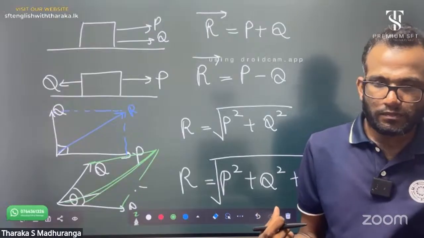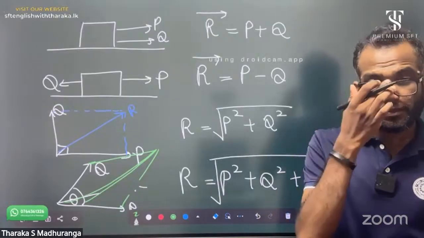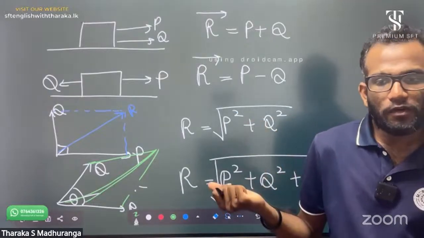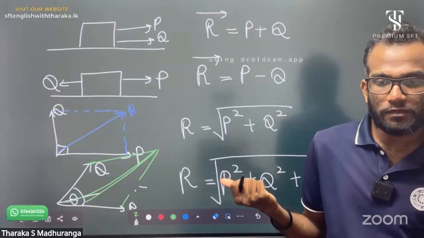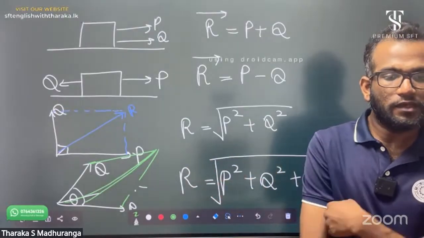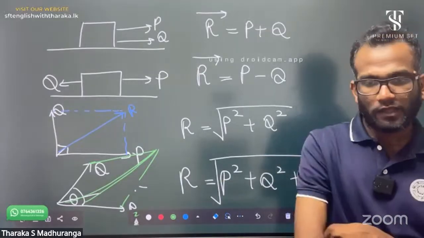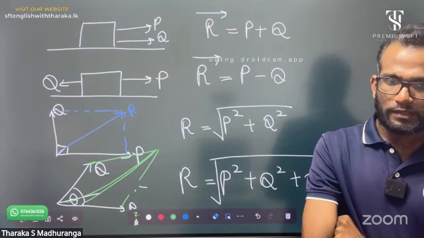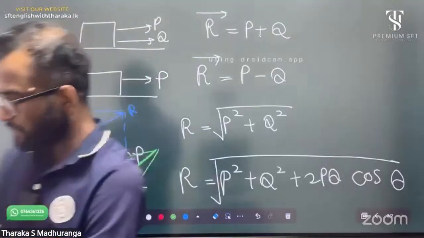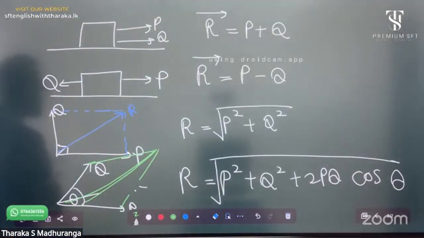The diagonal of this parallelogram represents what? The resultant force of two forces acting along less than a 90-degree angle. Clear? Is it okay?